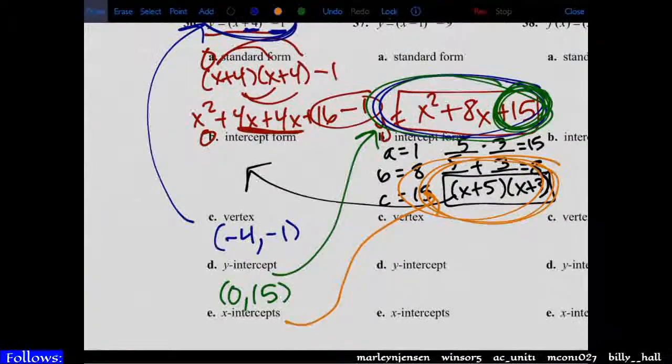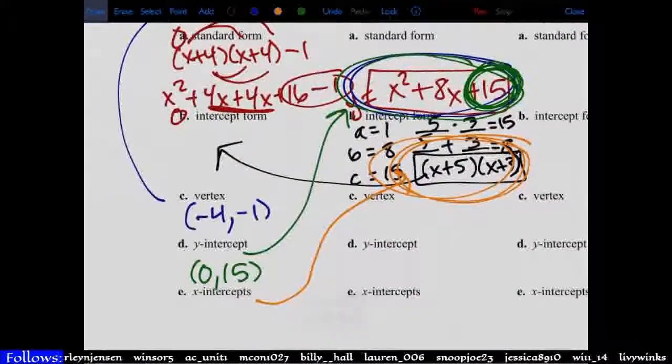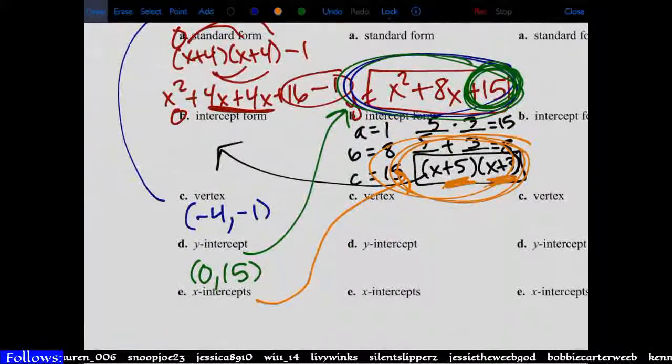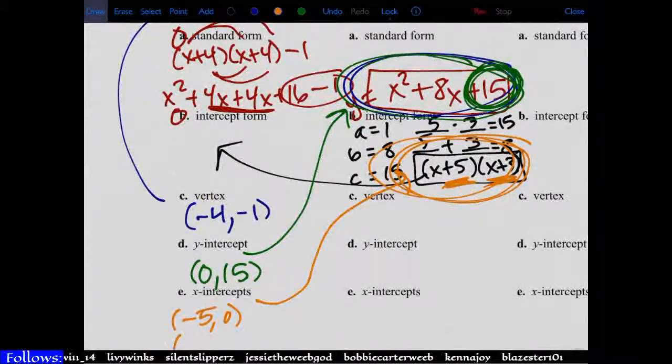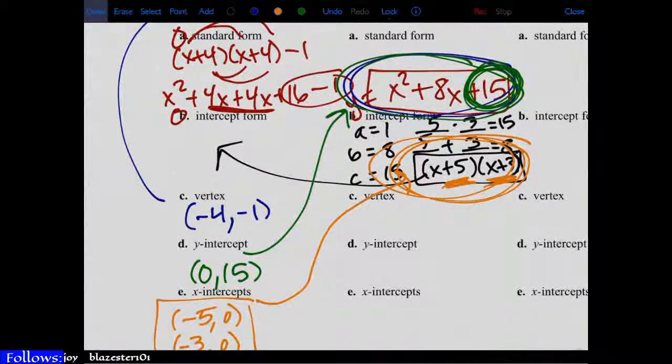And the school doesn't have them, which means I can't get them for free. And I'm that cheap. Okay, x-intercepts from intercept form. So x-intercepts are always the opposites of these numbers, the 5 and 3. So it's -5, 0, and -3, 0. There's your x-intercepts.